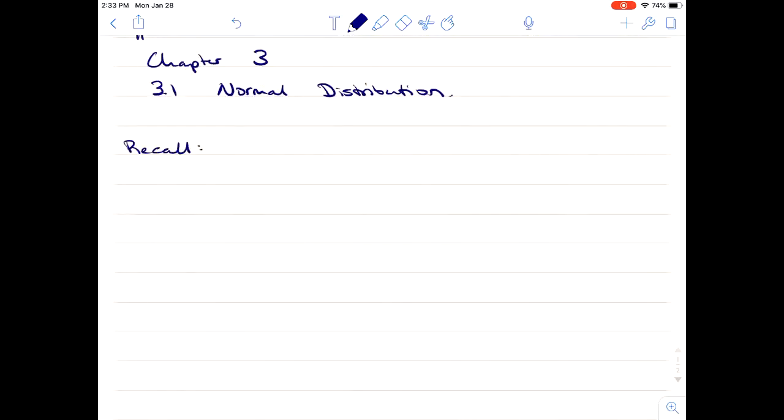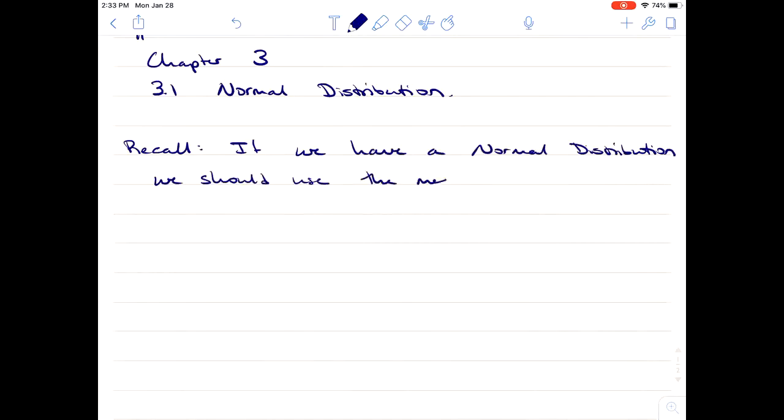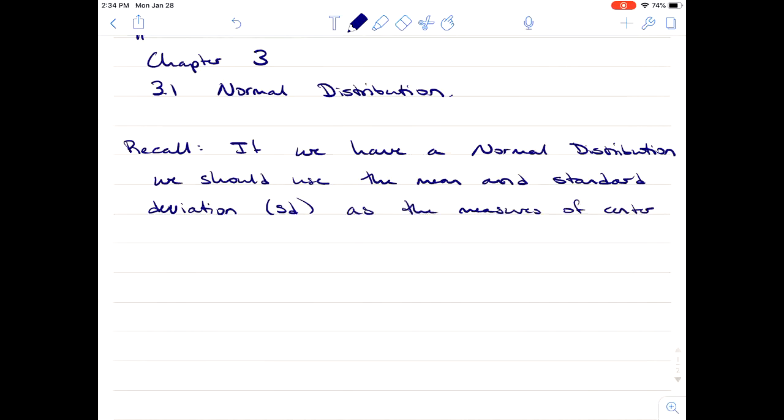Recall that if we have a normal distribution, we should use the mean and standard deviation, which I'm going to officially abbreviate SD here because we'll talk about the standard deviation a lot today, as the measures of center and spread.